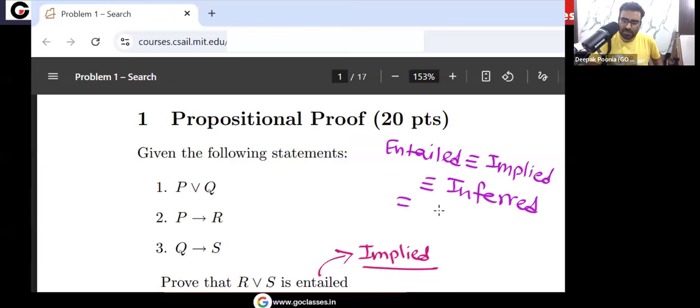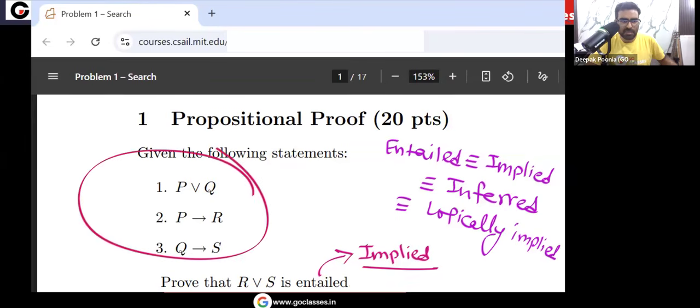Logically implied. Logically inferred. All these words are basically same. Now the question is saying these are the premises. From these three statements, prove that R or S can be inferred.